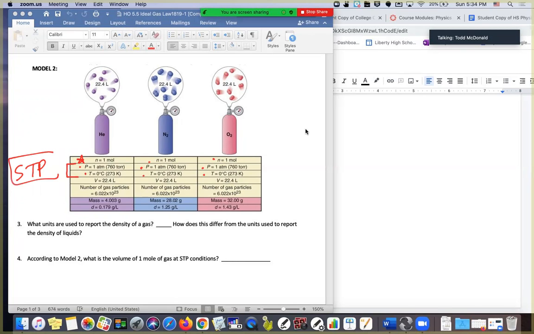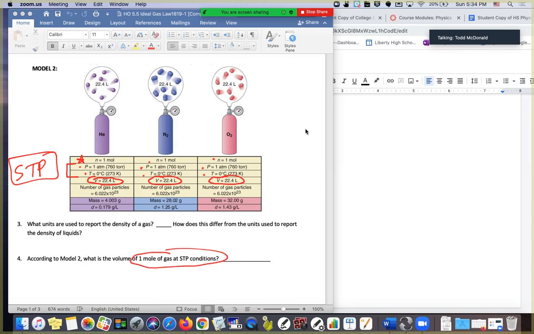This is STP conditions. So if we take a mole of gas at standard temperature and pressure, here's what we would notice. That gas is going to take up a certain amount of space, 22.4 liters. And it doesn't matter which gas we're talking about, all of these gases would take up 22.4 liters of space. In fact, that is something you want to catch.